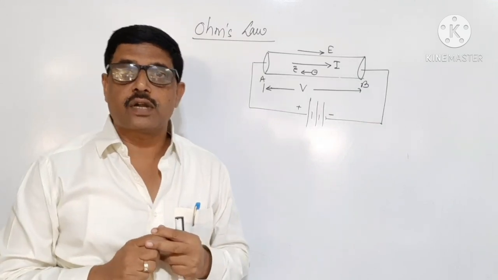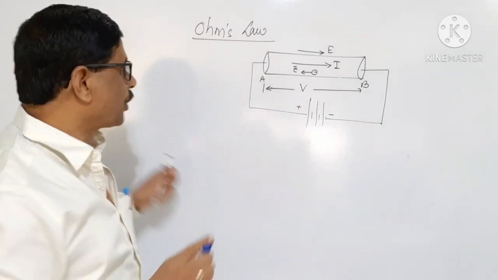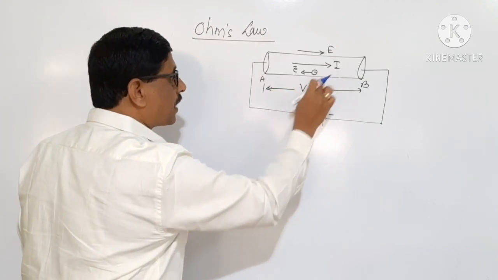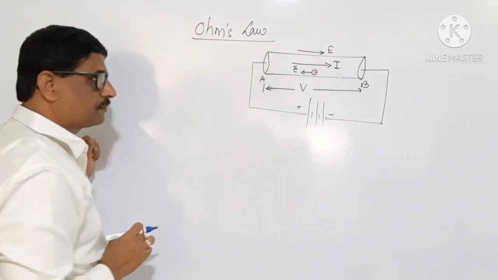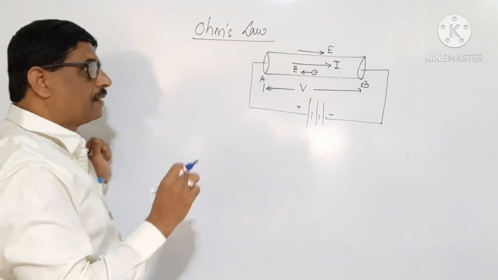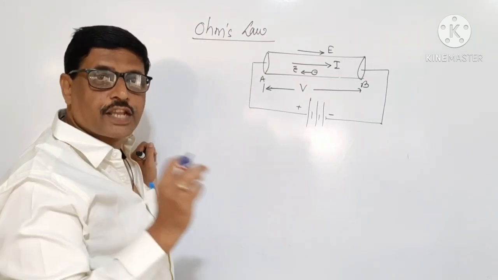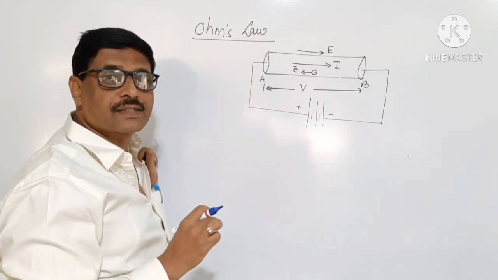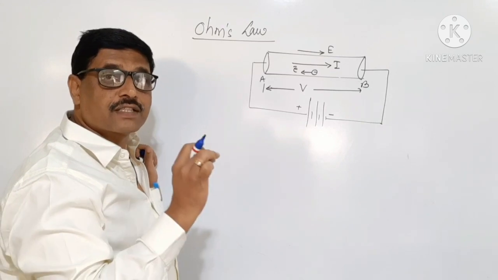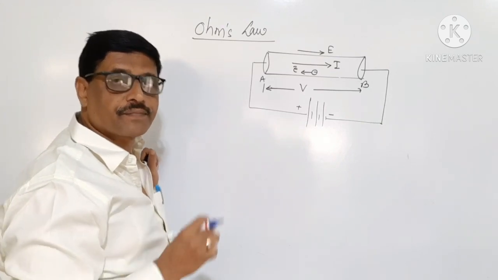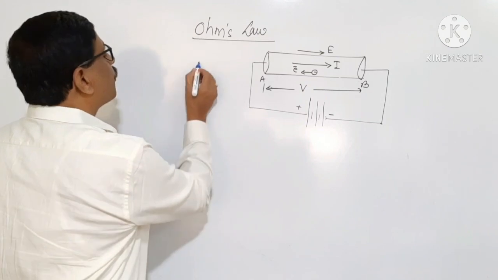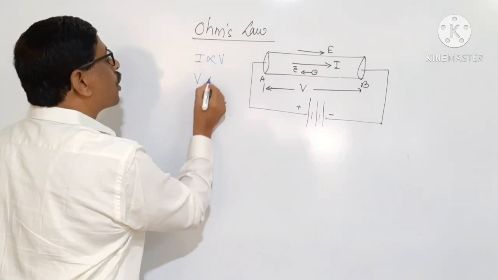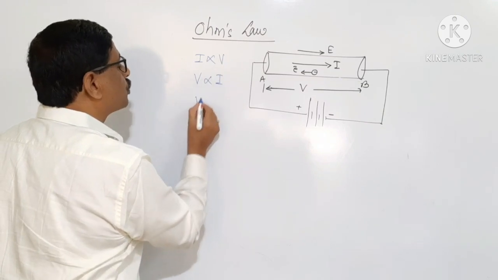According to Ohm's law, the potential difference and the electric current are related to each other, and the relation given by Ohm's law can be stated like this: as far as the physical state of the conductor remains same, the current flowing through the conductor is directly proportional to the potential difference, or potential difference is directly proportional to the current.